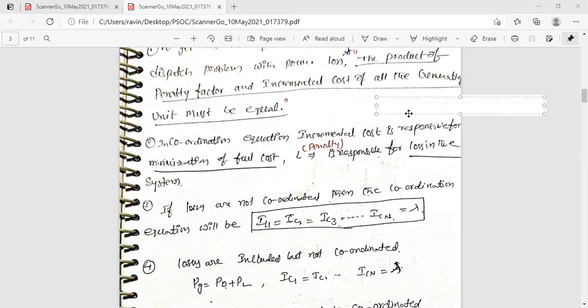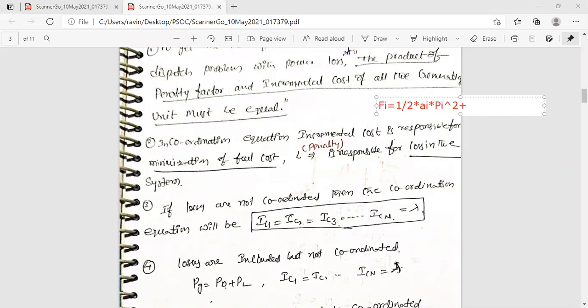We know that the fuel cost, let us say Fi, depends on half ai Pi square, plus, here ai is a constant.